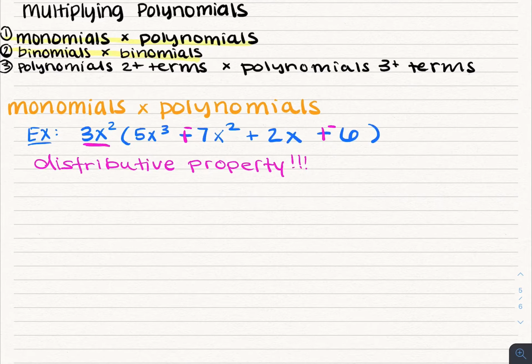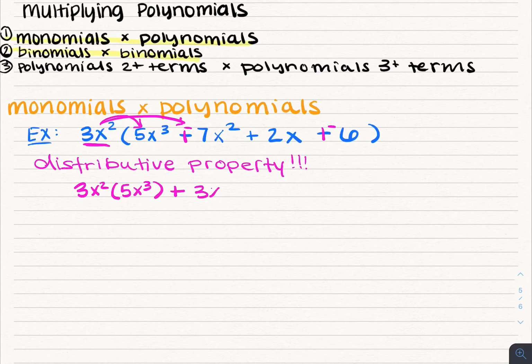We take the term that's outside of the parentheses, and we can multiply by each term in the parentheses and add them together, and it would be the same thing as adding them together first and then multiplying. So our first term in our new expression will be 3x squared times 5x cubed. And then we will add our next one.